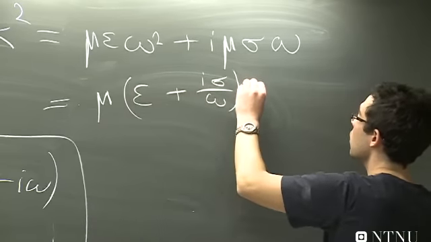And we can see what the real and imaginary part are if we use the formula for the complex square root. Now let's see. The formula goes as follows.